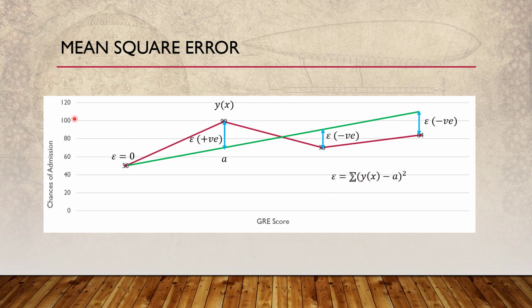The only difference is that in this problem both the y and the a values are scalars, but in our handwritten digit problem both are vectors, 10-dimensional vectors, according to the design we did in our previous video.